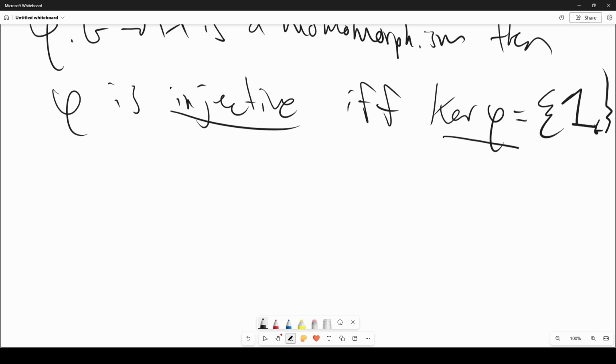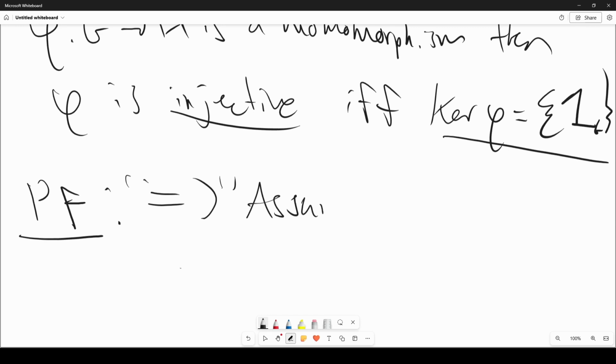So this is pretty powerful because, well, if we look at the proof, doing it one way is very easy, which is to say, doing it this way, first assuming that phi is injective, is actually very easy. So assume phi injective.